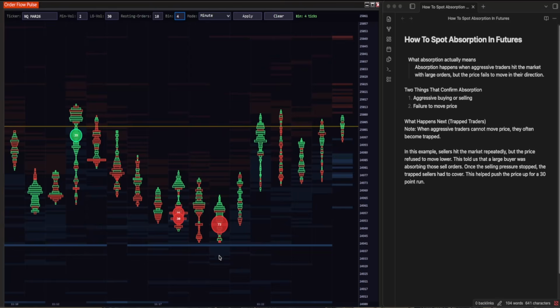Now, as we came down to this area right here in the heat map where there were resting bids, we can see right here at this candle, we had some selling going on, but they failed to break lower. They failed to break through the resting bids that were sitting there on the book.